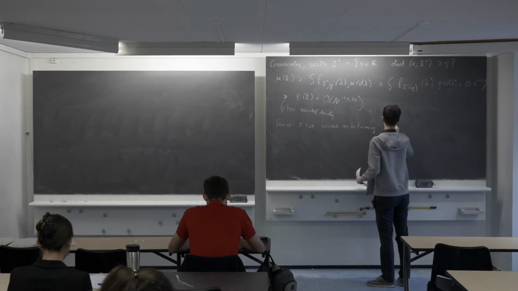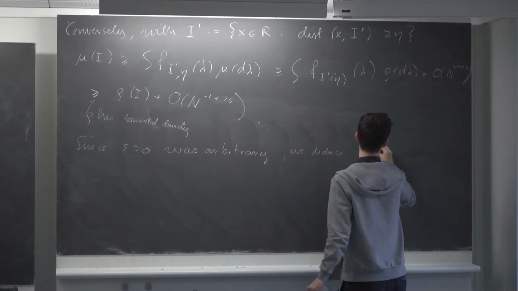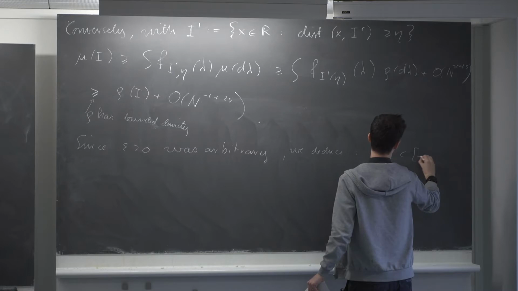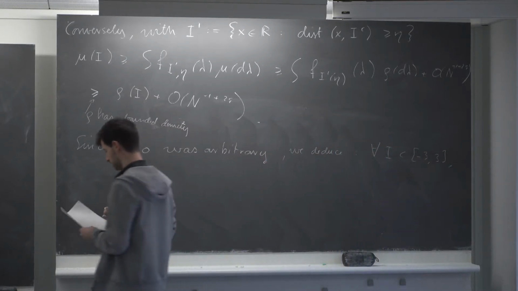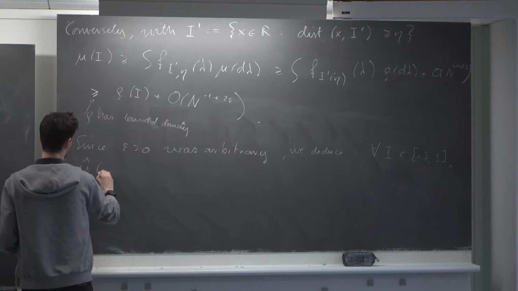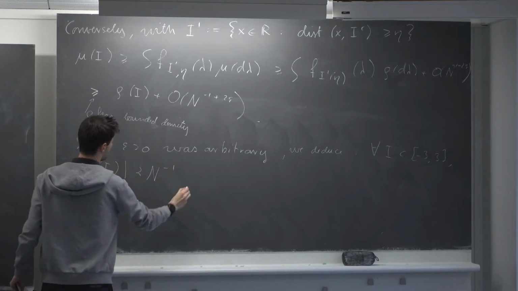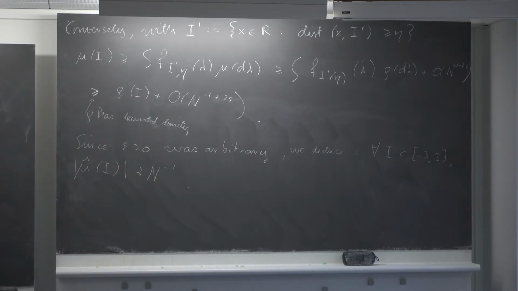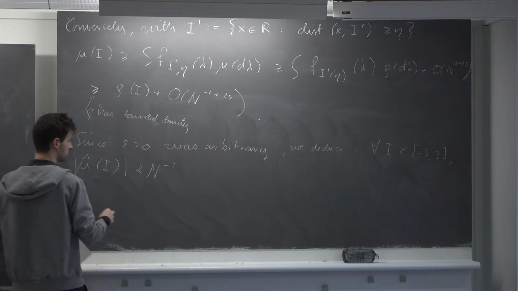We deduce for all intervals I which are bounded in this set minus 3, 3, mu hat of I is stochastically dominated by 1 over n. That's what we got. So now, how do we extend this to intervals in general?